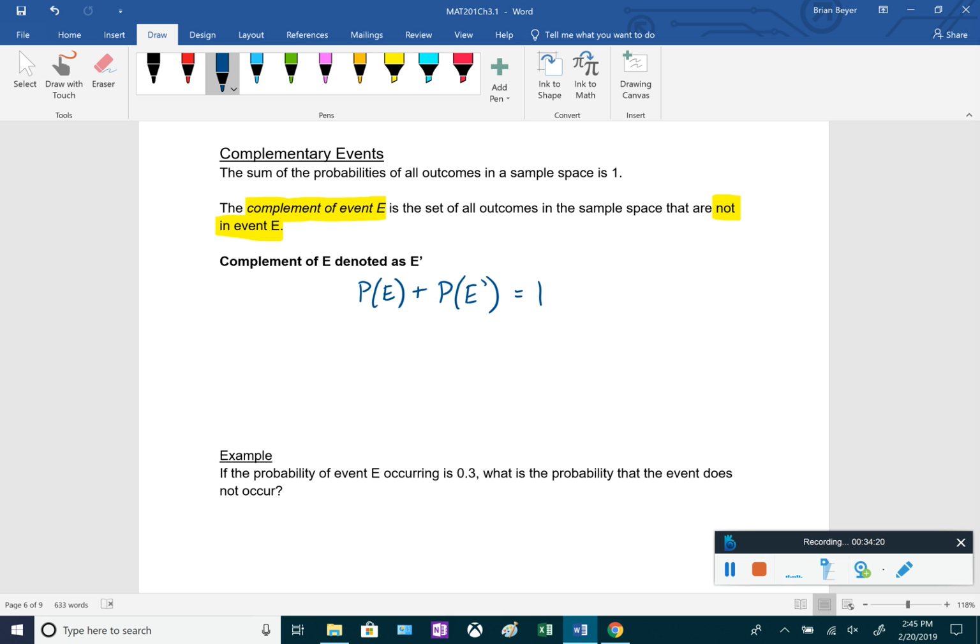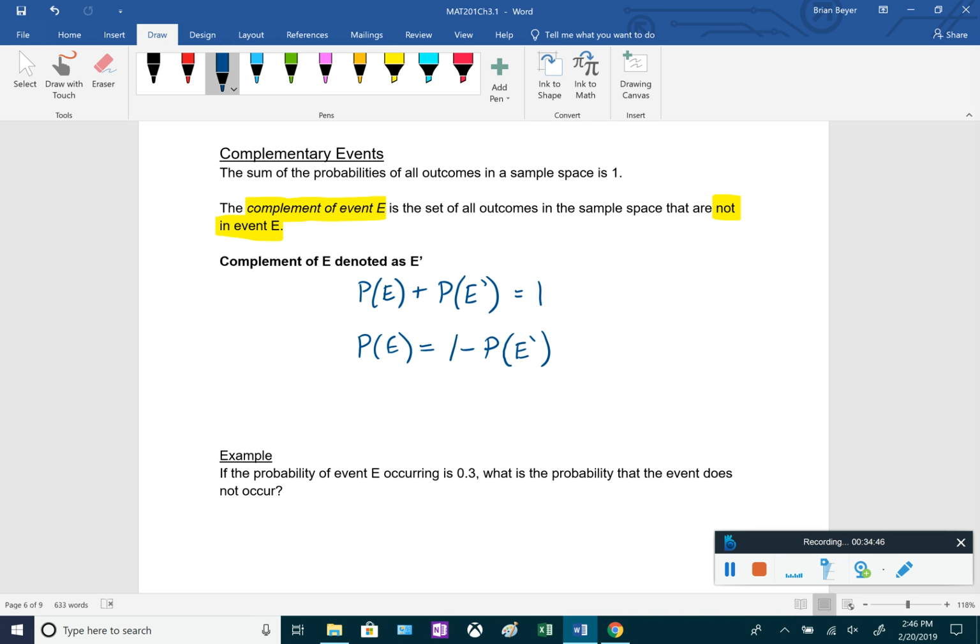We could rearrange this a little bit, which sometimes is going to be helpful. If you're familiar with algebra, rearranging equations, what we could do is subtract the probability of E complement on both sides. We'd end up getting the probability of E equals 1 minus the probability of E complement.